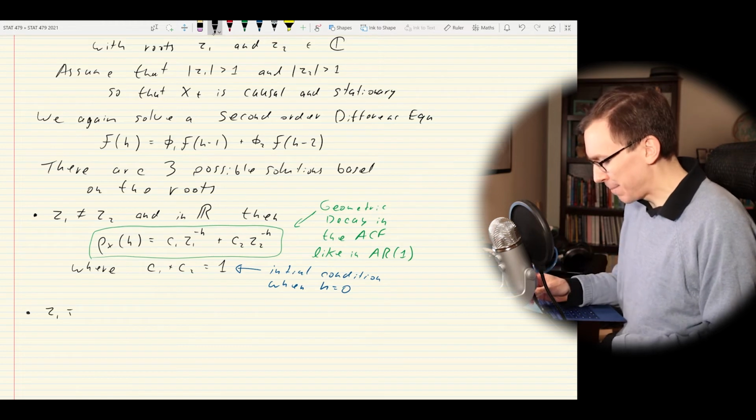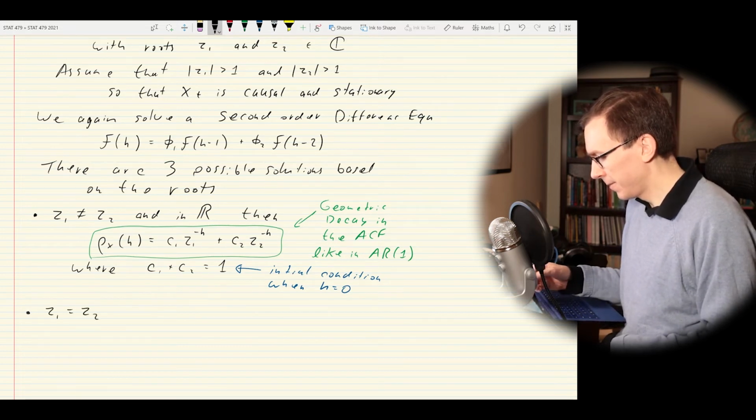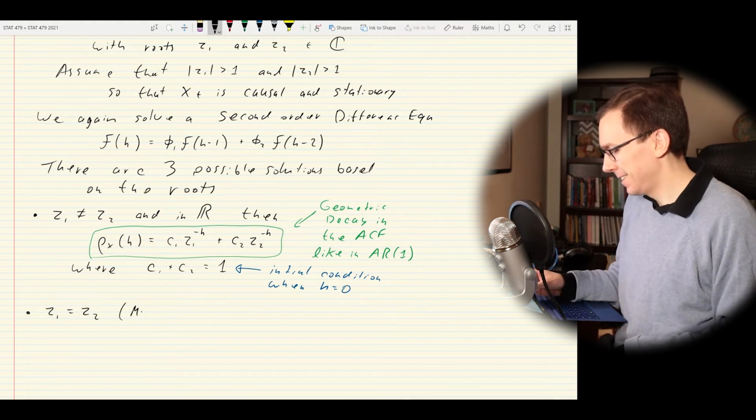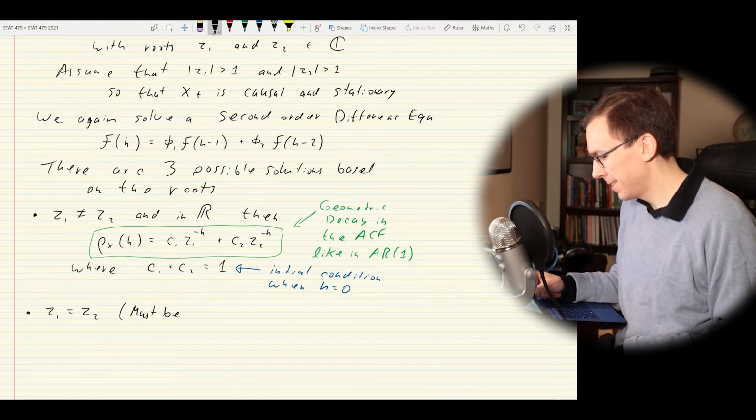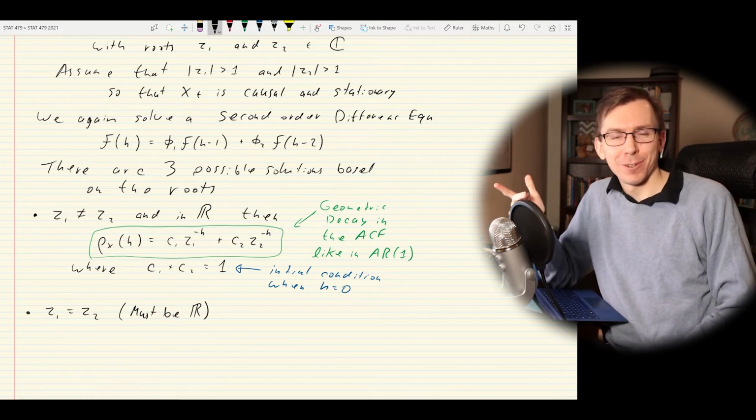Now, what happens if Z1 is equal to Z2? In this case, they must be real. Do you remember what happens when you look for roots of a polynomial in the complex plane?